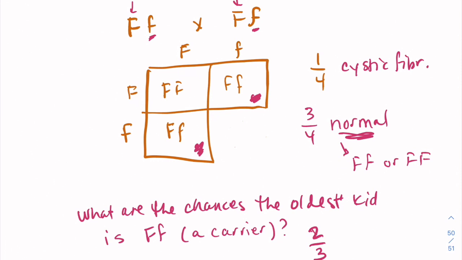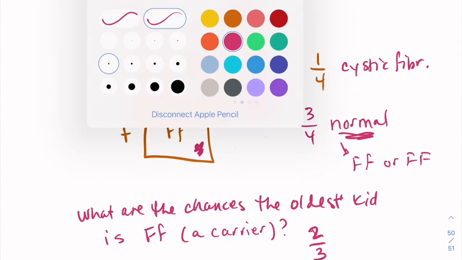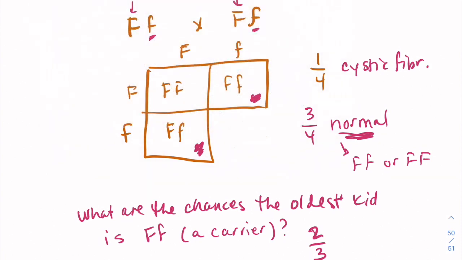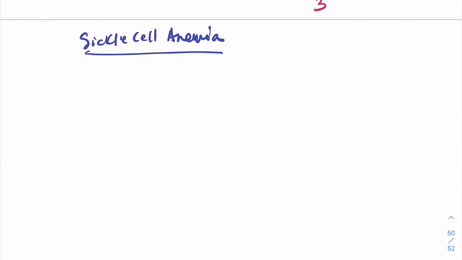Interestingly enough, another example of an autosomal recessive disorder is sickle cell anemia. There is a gene that causes your red blood cells to have a normal shape, and that's a dominant allele.